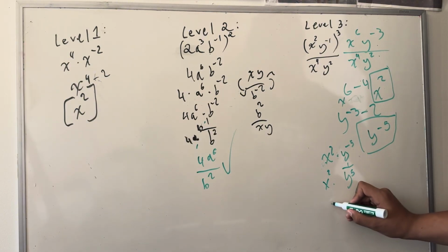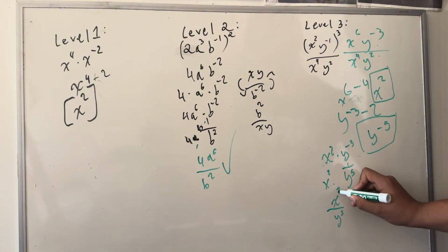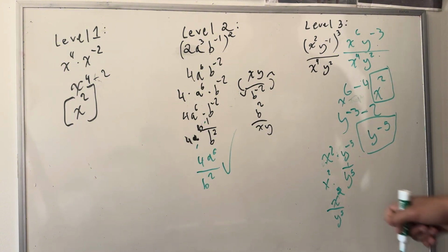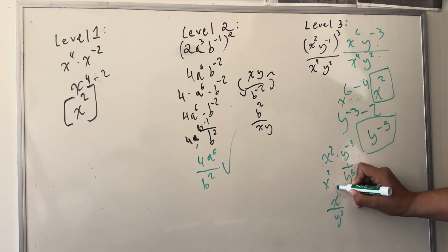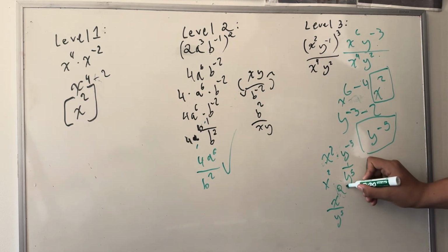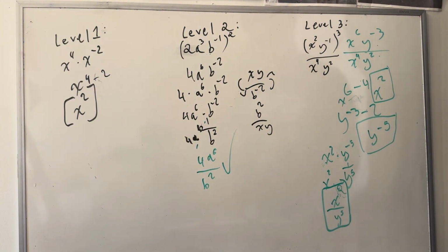Then we just multiply. We have x squared over y^5. X squared. And that's all. That's as far as we can take it down.